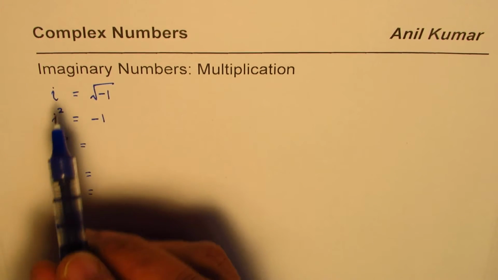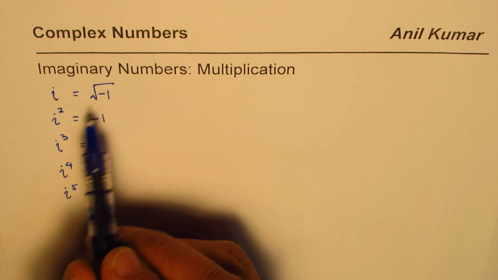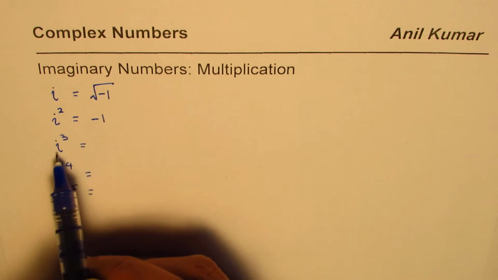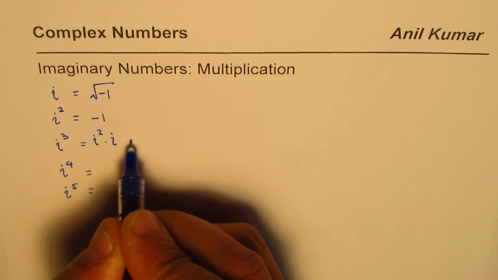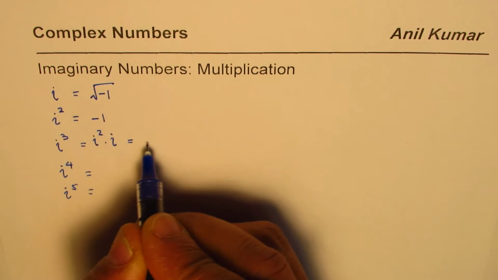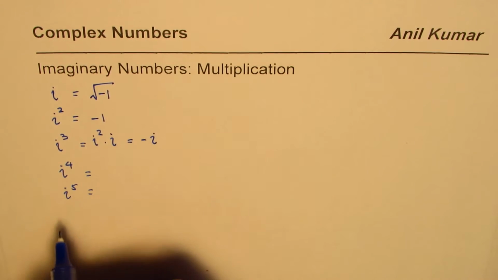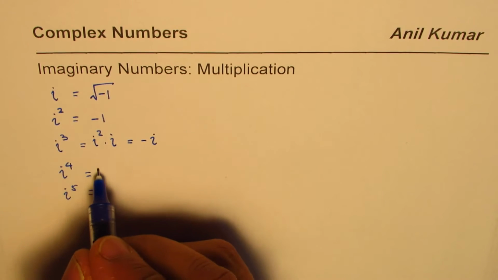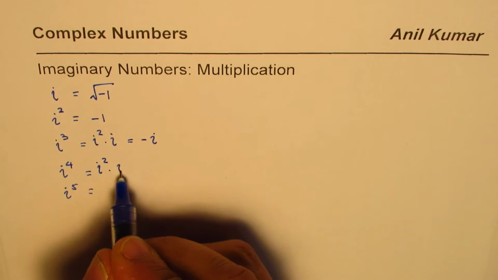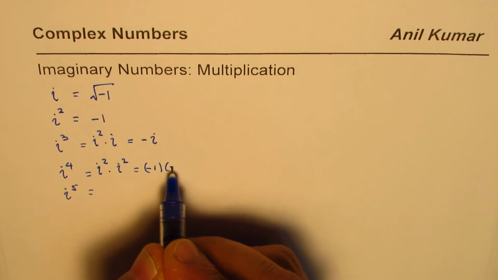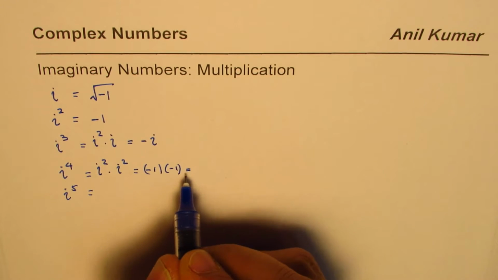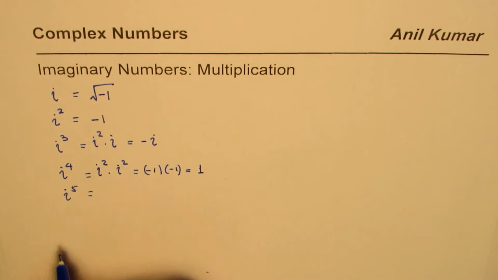So what we know here is i is square root of -1, i square is -1, i cube will be equal to i square times i, right? So i square is -1, so we get minus i. i to the power of 4 could be written as i square times i square, which is -1 times -1, and that is equal to the number 1.